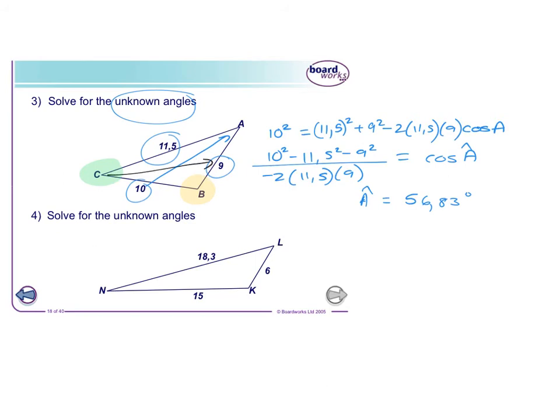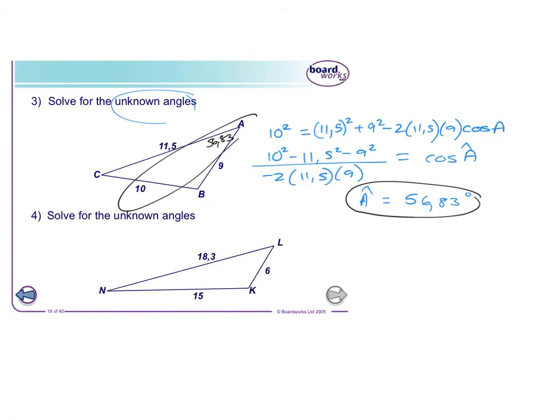All right, so let's go for our angle C. It is opposite to 9. So again, you can use your cosine rule or your sine rule. It's completely up to you. Let's use the sine rule here. So we now have a full angle A. Let's put this all in. So we have angle A is 56,83. There's our complete pair.